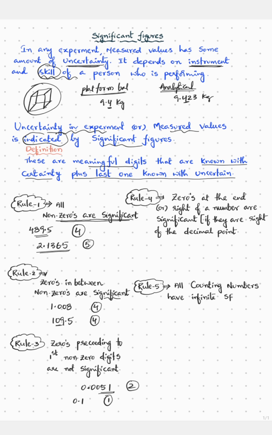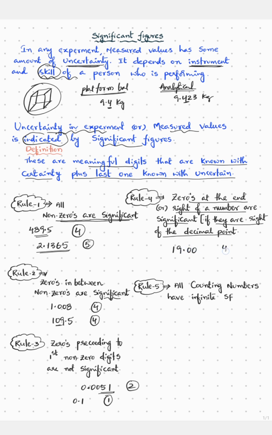Next, come to rule 4. Zeros at the end and right of a number are significant if they are right of the decimal point, like this, 119.00.